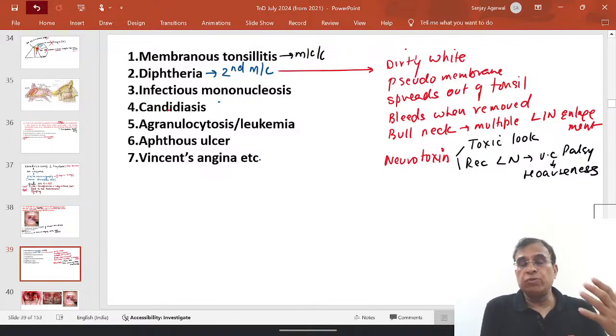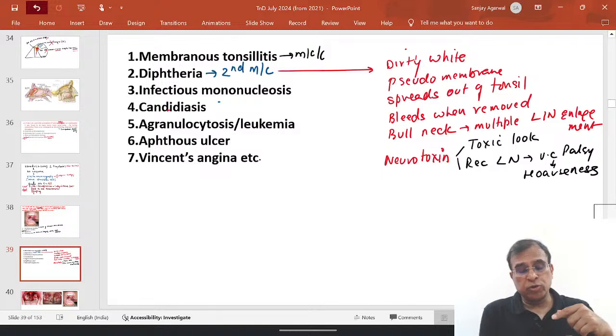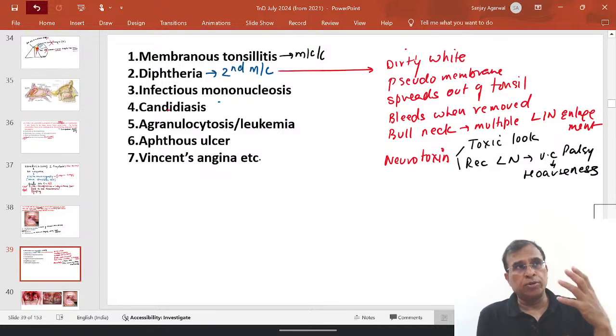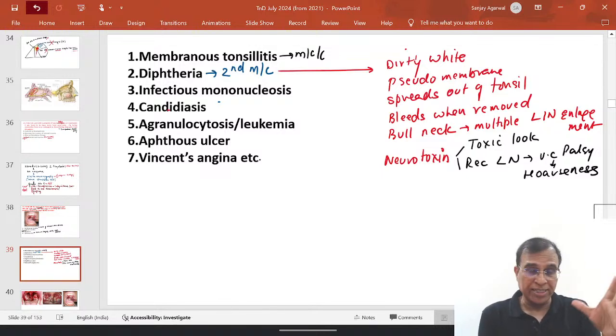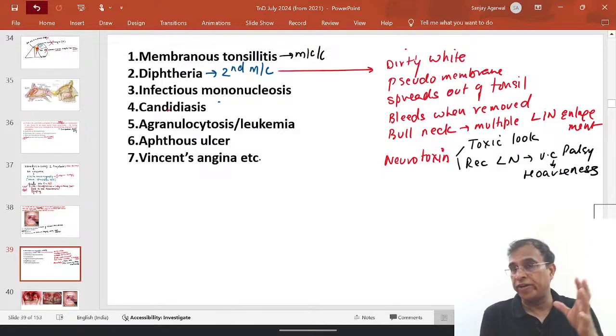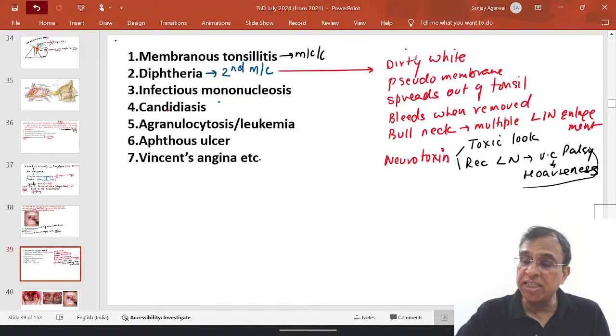Now there was a question once long back that they had shown a similar image of a membrane in the throat, and the question read something like this: this membrane is confined to the oropharynx only, it has not spread out of the oropharynx, yet the patient has hoarseness of voice, which is a laryngeal symptom.